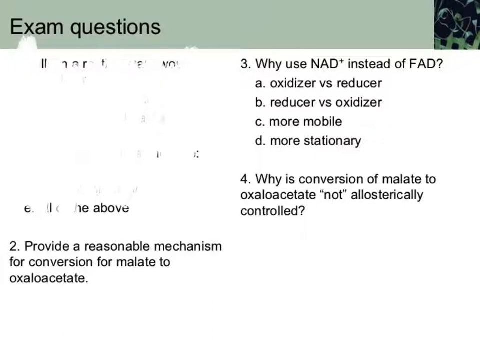Provide a reasonable mechanism for the conversion of malate to oxaloacetate. Bit excessive, but looking at that, you should be able to describe what changed, which we just walked through. So what you would have to be given would be our structures. So our malate, CO minus. Oh shoot, how many carbons do we have? Is it 4?